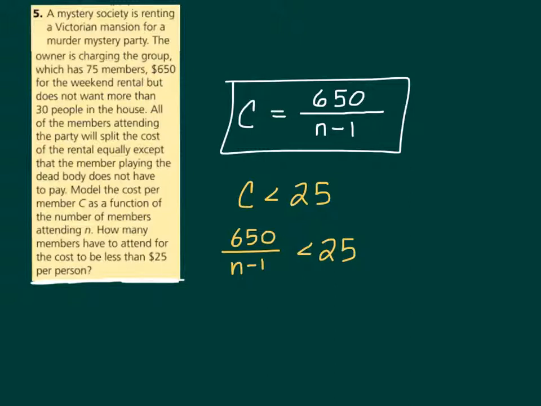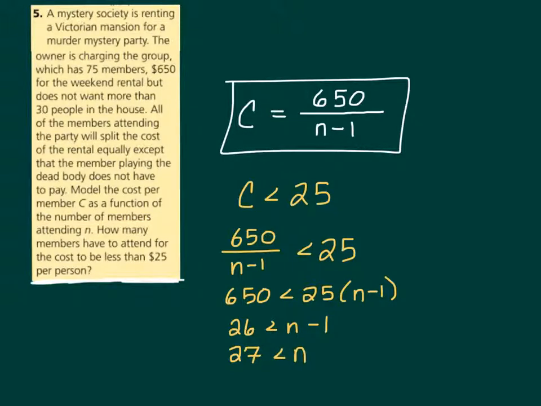Multiply each side by n minus 1. We get 650 is less than 25 times n minus 1. Divide each side by 25, and we get what? So we get 26 has to be less than n minus 1. Add 1 to both sides. 27 has to be less than n.